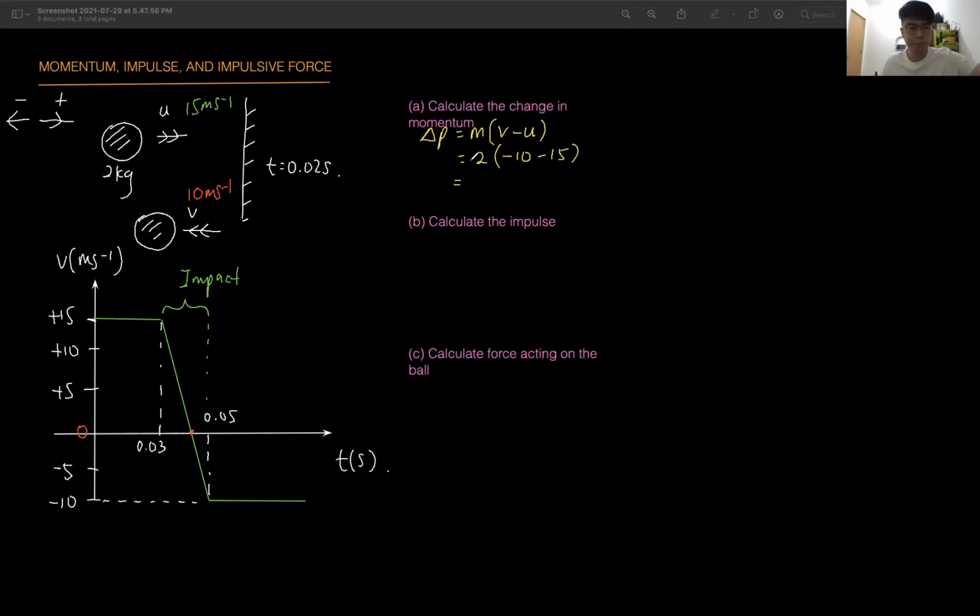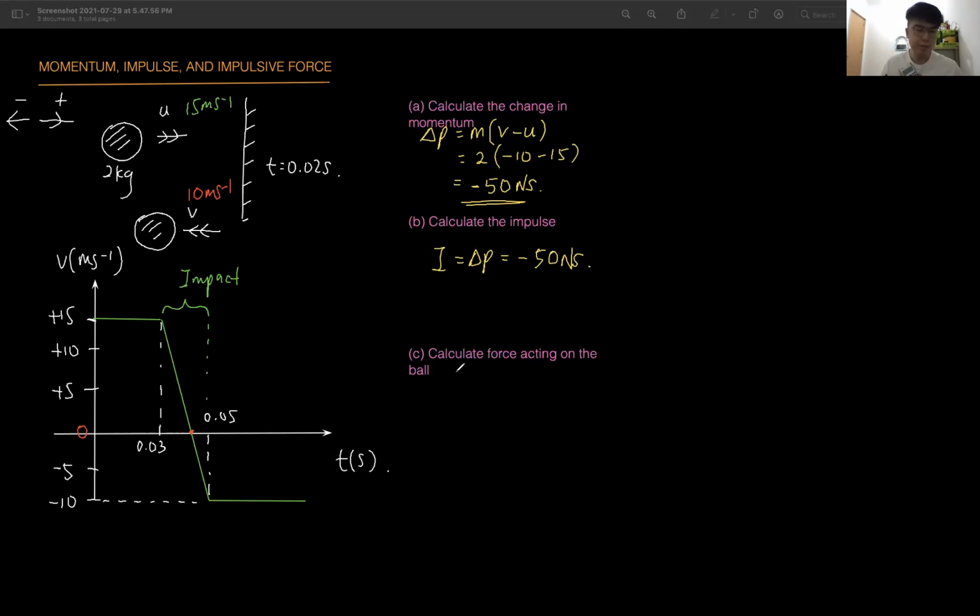That's negative 50 Newton second. Calculate the impulse. The impulse is the same as change in momentum. So I equals change in momentum, negative 50 Newton second.